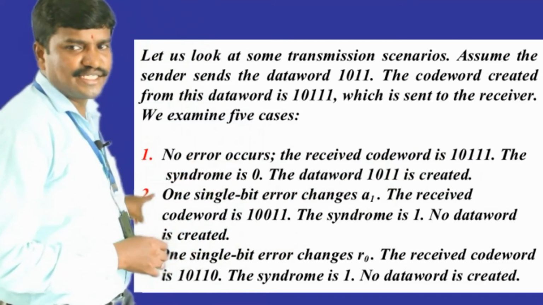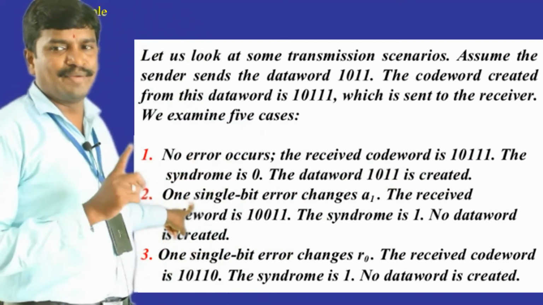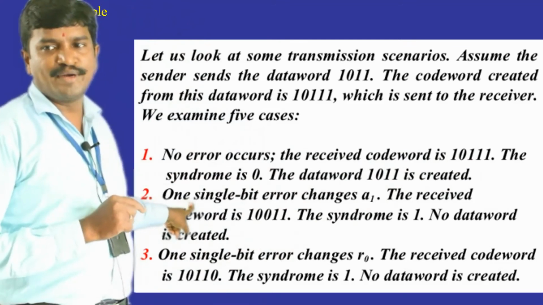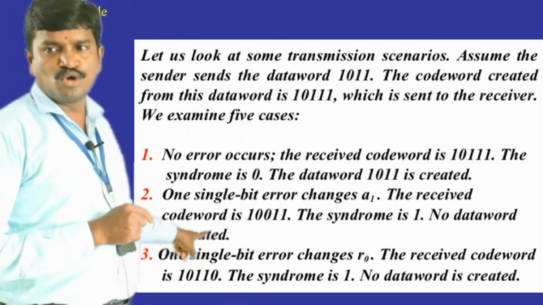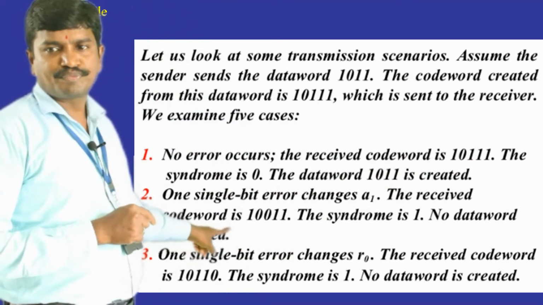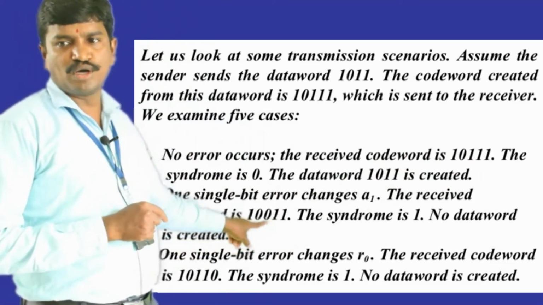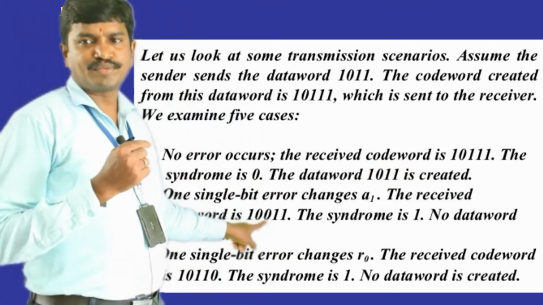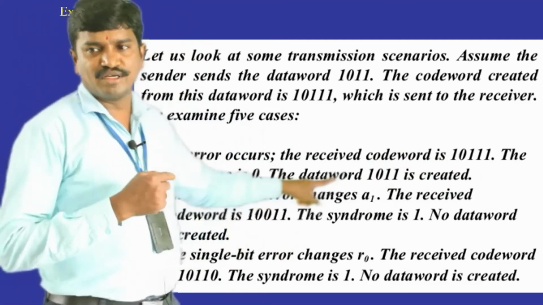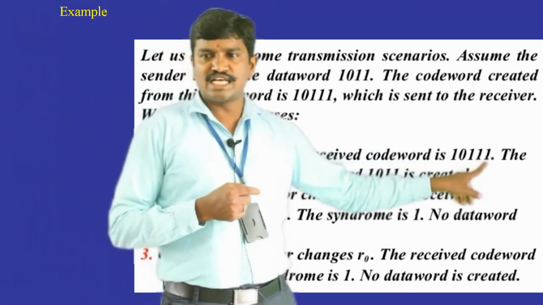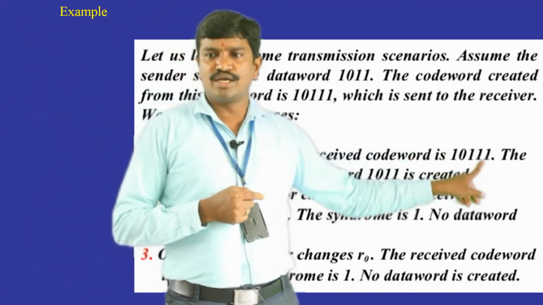And if you take the second case, one bit is corrupted. Let us say one bit is corrupted, that is the A1 bit. The code word becomes 10011. If you observe, the last one is the redundant bit, this is A0 and this is A1.